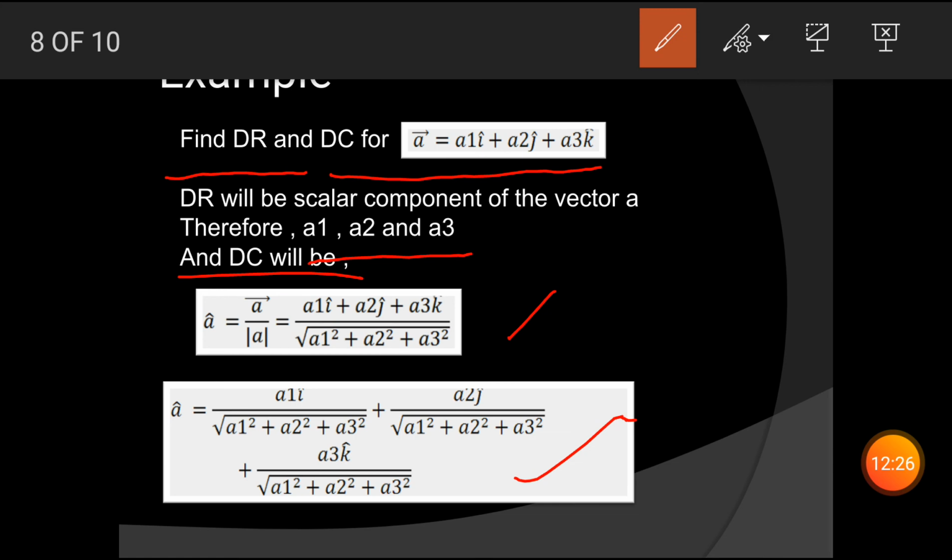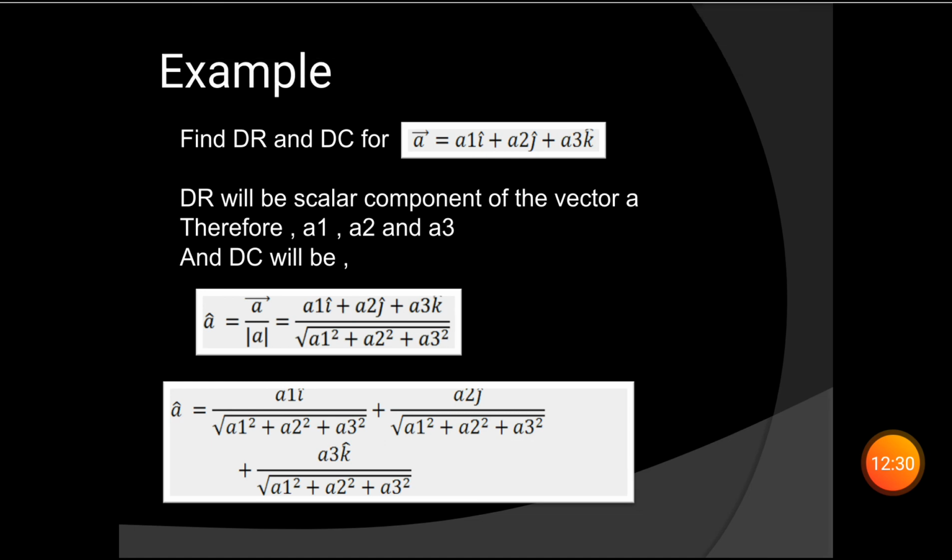Similarly a2 upon this value and a3 upon this value. So these will be our direction cosines. So direction ratios are directly the scalar components of the vector, and for direction cosines, first you calculate the unit vector and then find the scalar components of the unit vector of that particular vector. So these are the DC as well as DR.